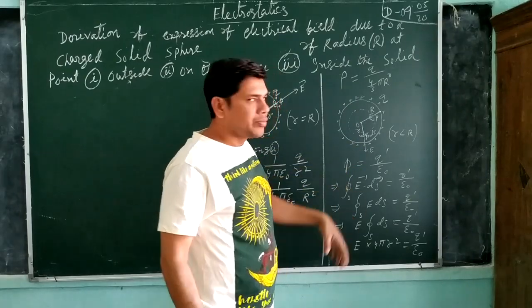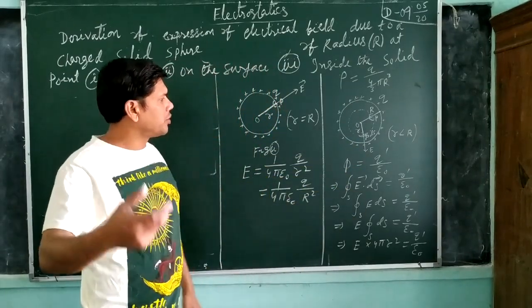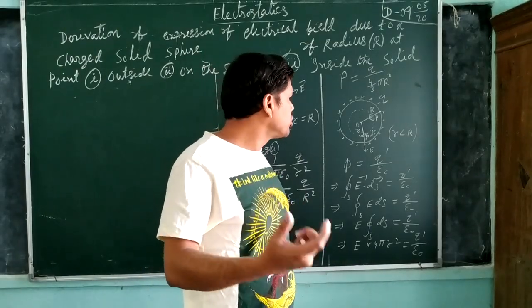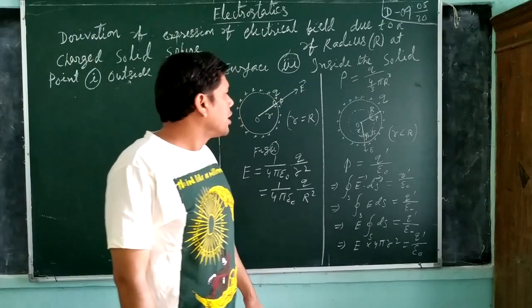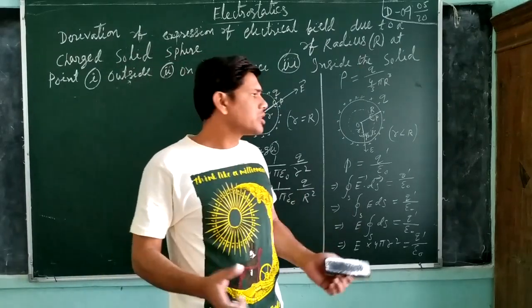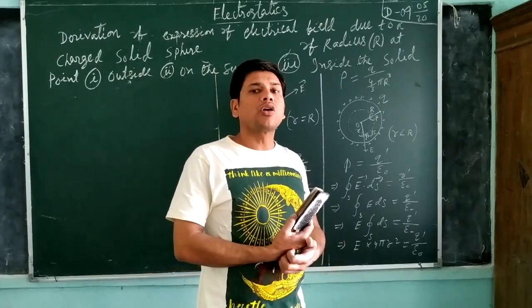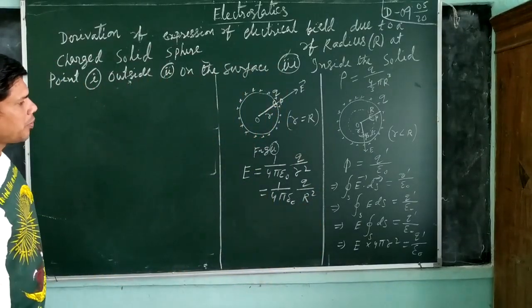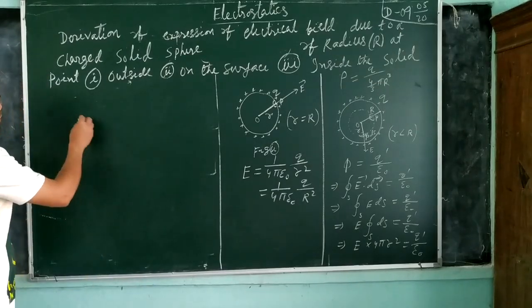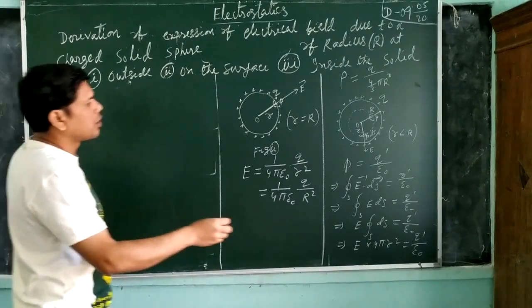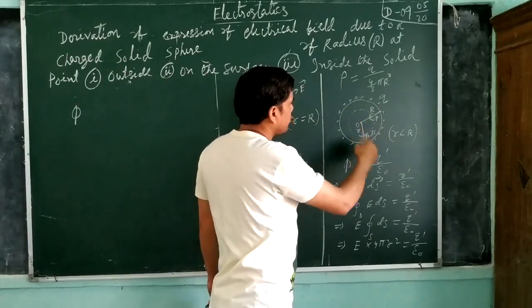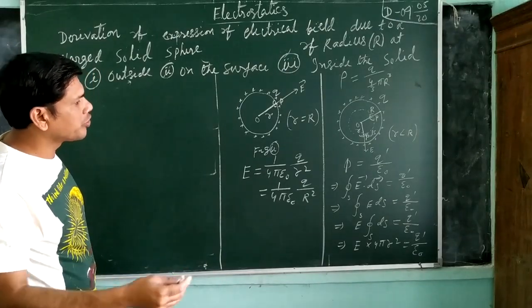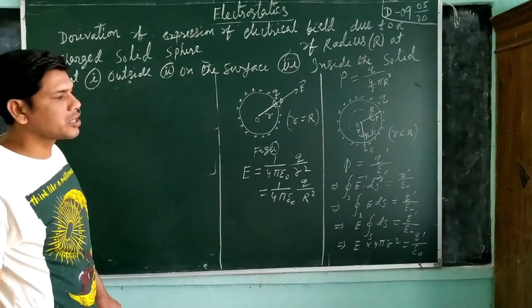Now in case of a shell we already discussed that it is 0, but in case of a solid it is not 0 because charge is distributed all over the solid sphere. So how to find it? By using Gauss theorem, let the total flux passing through this Gaussian surface, which is inside and whose radius is small r, less than capital R, be phi.